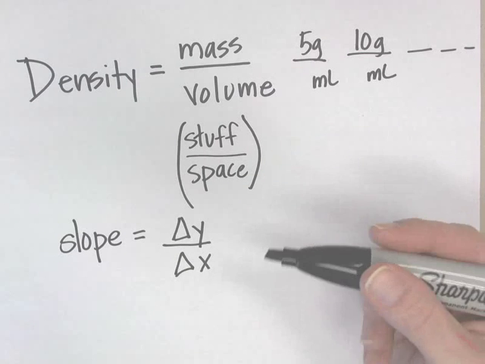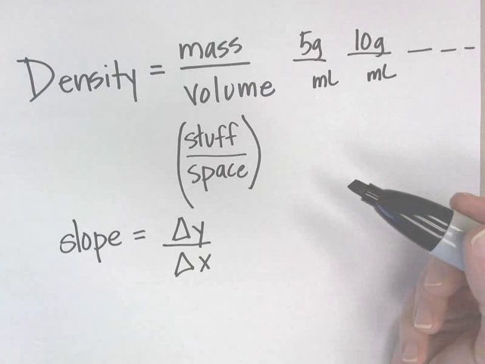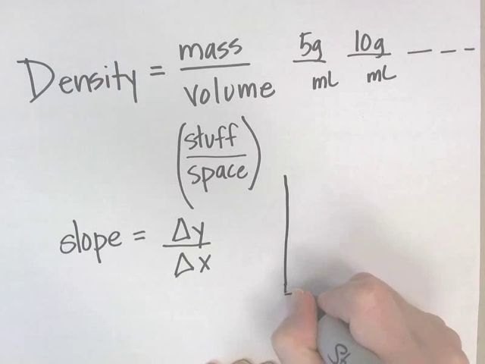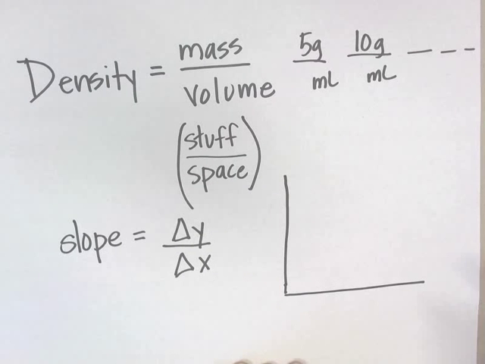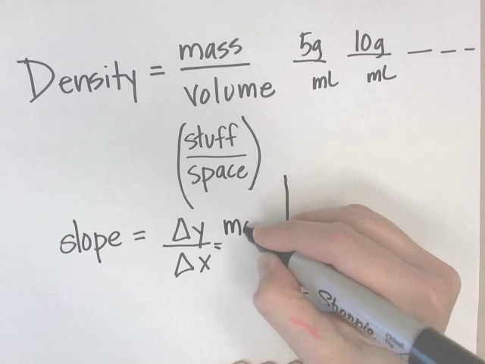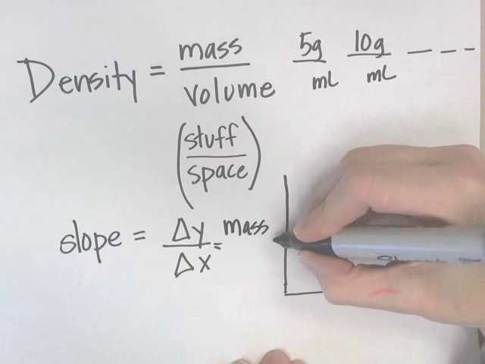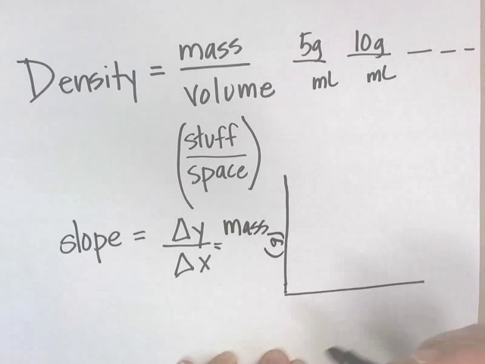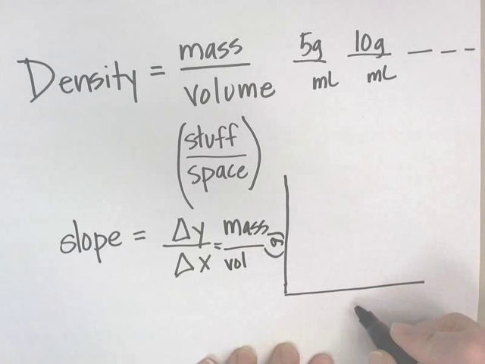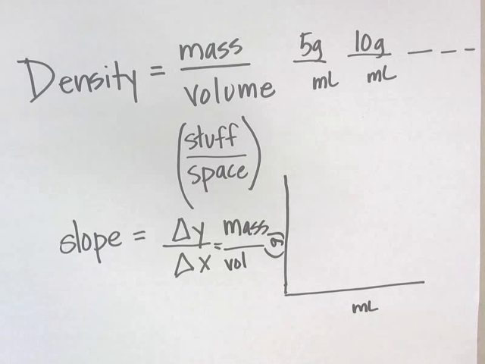So we're going to take our sets of data and plot them. You have directions in Late Night Labs exactly how to construct your graph. Our y-axis is going to correspond to the mass, so this axis will be your grams, and the x-axis will correspond to volume, so your milliliters will be here.